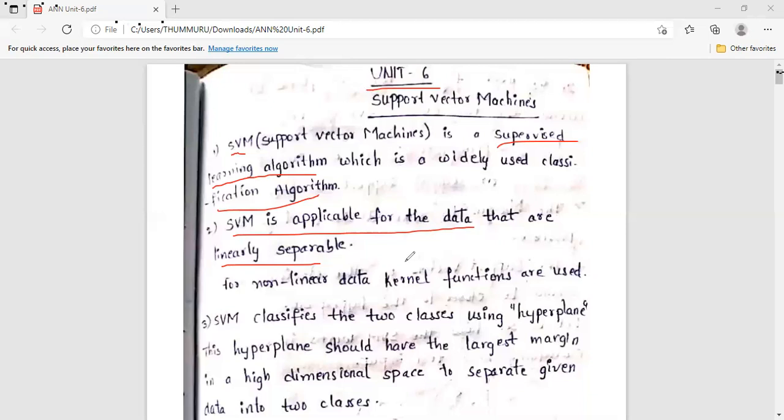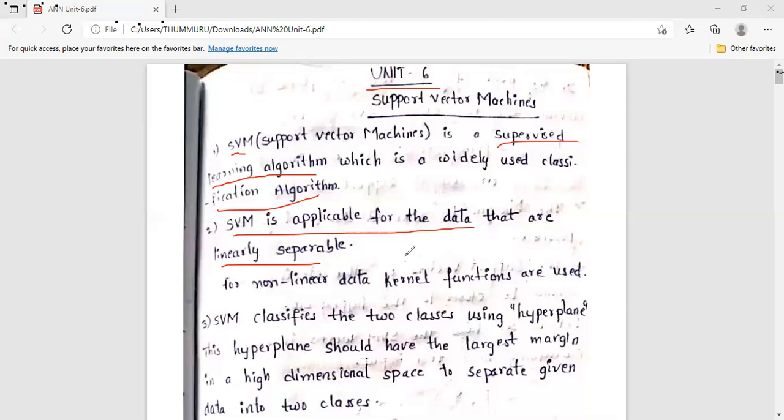By using a single hyperplane, it can separate two patterns or two classes, isn't it? But now SVM is also used for the same purpose. SVM is also one of the classifiers. By using this SVM, we are going to separate the data into two classes, isn't it?